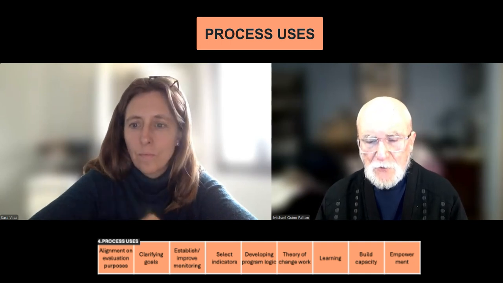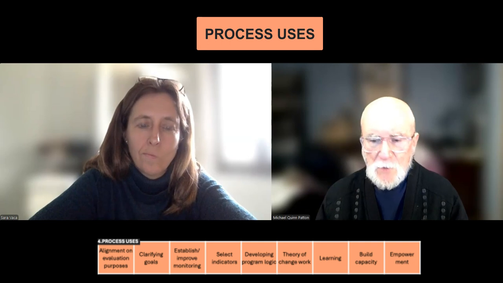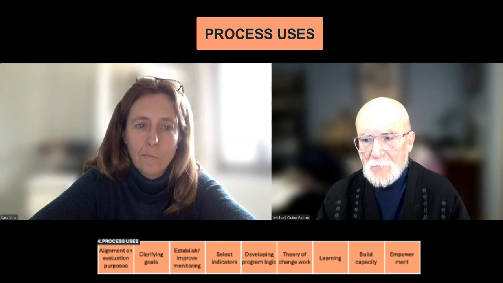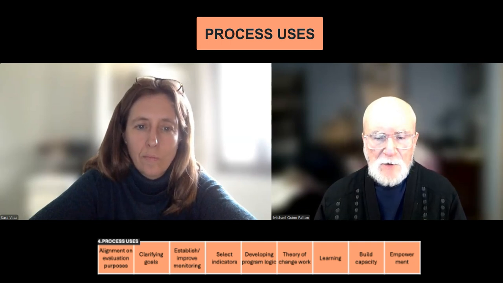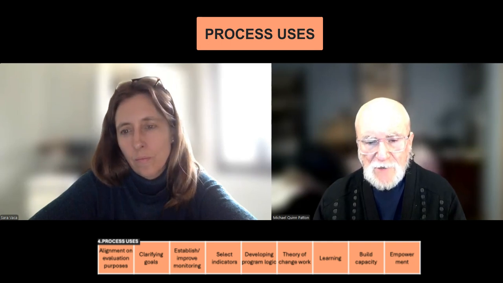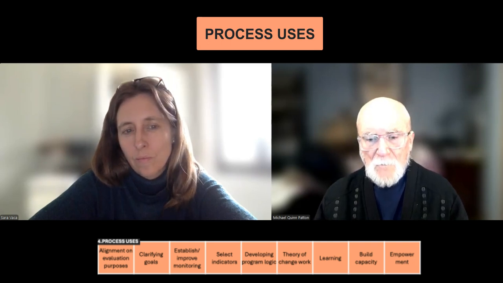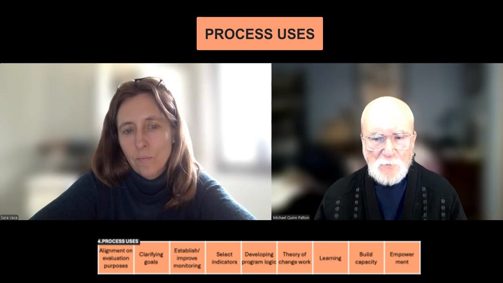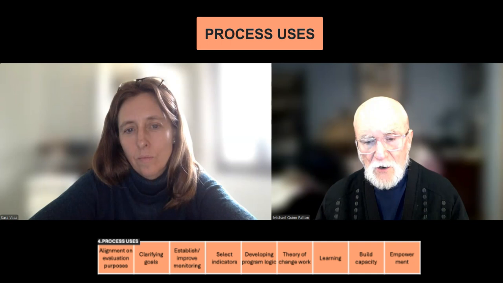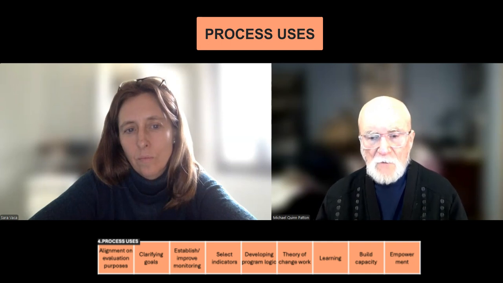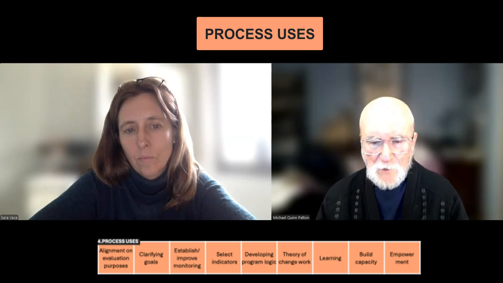That's the process use. Doing logic models, doing theories of change, even determining the purpose of the evaluation and its findings uses are all having an effect on the evaluation before any data are collected, and having an effect upon the people and organizations involved, because they're having to think about what they're doing, and that has an effect.